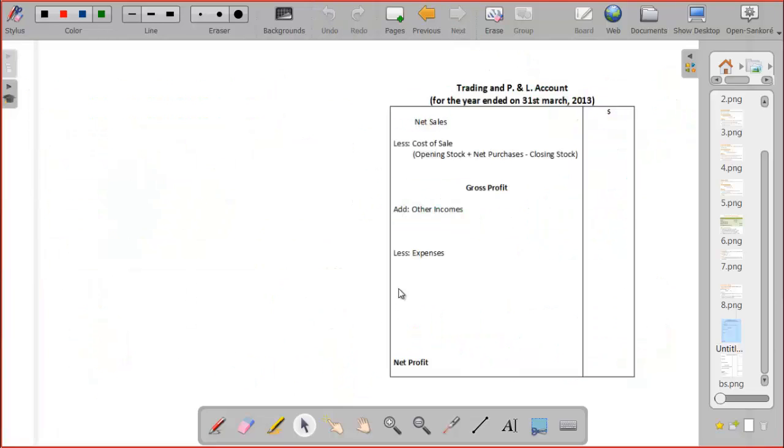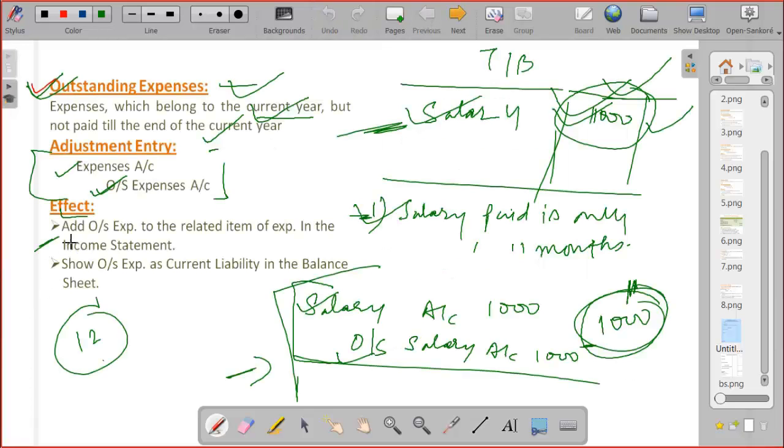And we know that we show salary as an expense in the profit and loss account, in this category, expense. So salary first I will show as per trial balance, 11,000. Okay, now see what is the first effect. We passed this adjustment entry now, and see the effect. What is the first effect?